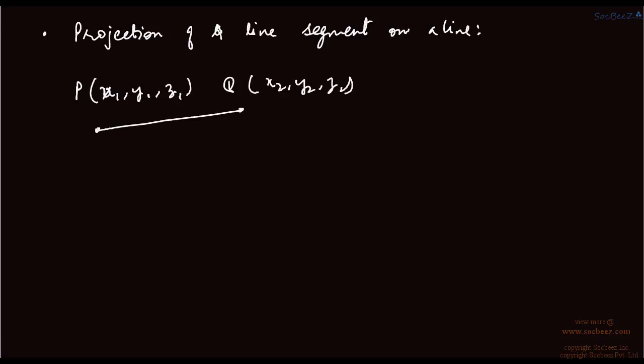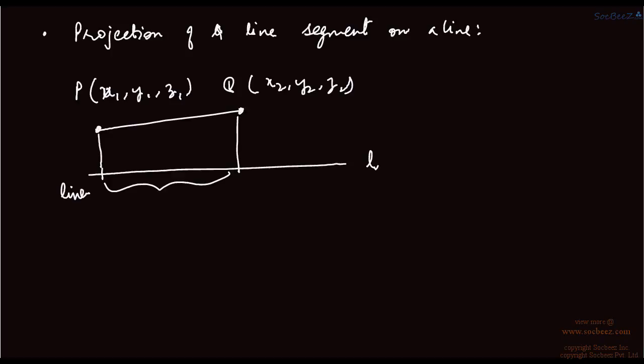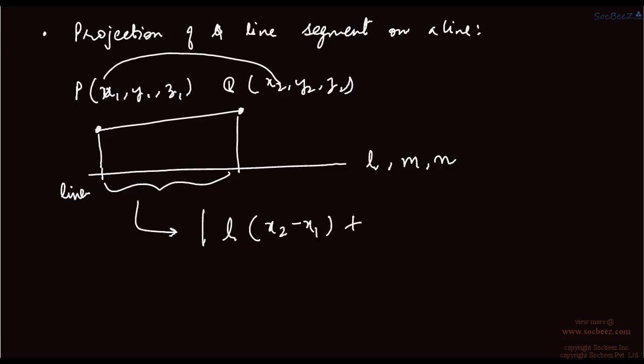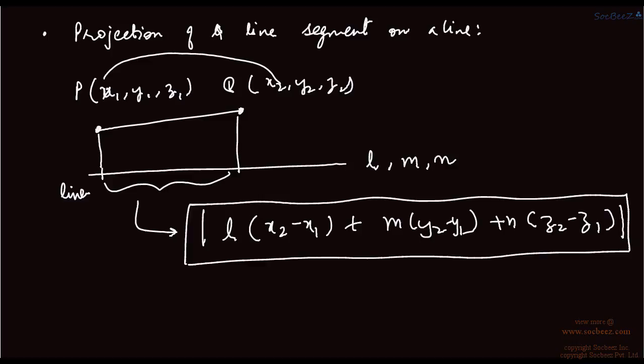Then take the line segment PQ. The projection of this line segment on a line having direction cosines L, M and N, this is the projection. Fine. So the projection will be mod of L times (x2 minus x1), plus M times (y2 minus y1), plus N times (z2 minus z1). So this is the projection of a line segment on a line.